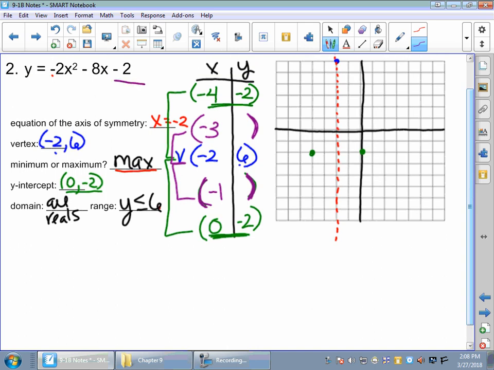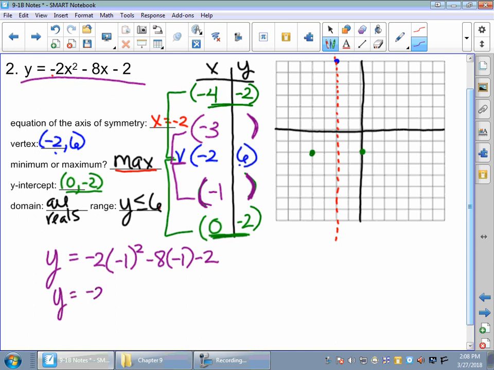So I'm going to go up to my equation up here and do exactly what we did when we found the vertex. y equals -2 times (-1) squared minus 8 times -1 minus 2. y equals -2 times 1, because (-1) squared is 1, plus 8 minus 2.